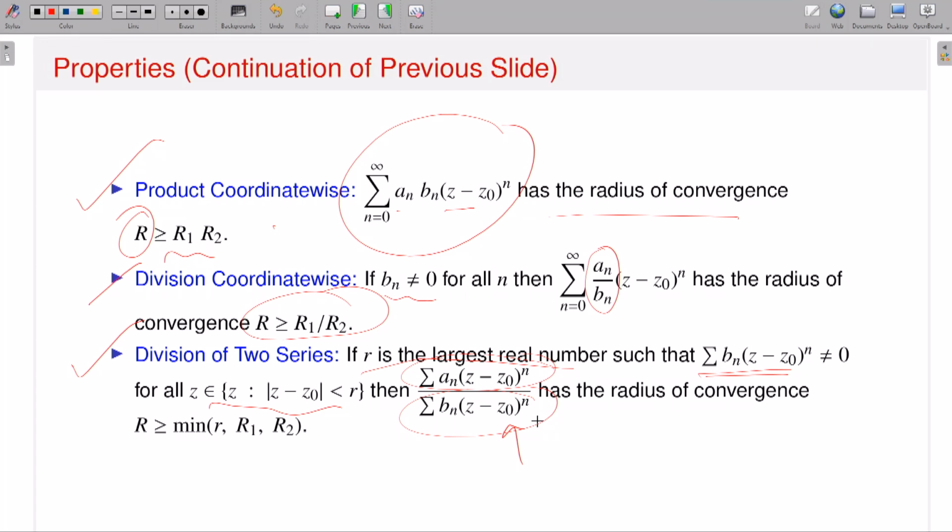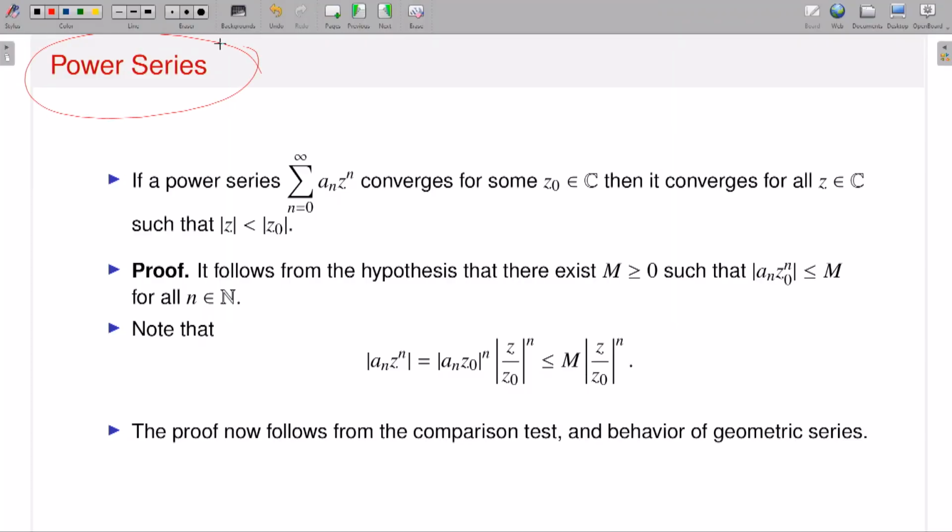Now I have the meaning of this object only when this denominator is non-zero, which I am saying holds on this domain. Therefore you can have the power series here, and it has a radius of convergence R which is greater or equal to the minimum of capital R1 and capital R2. Okay. This is another result on power series.